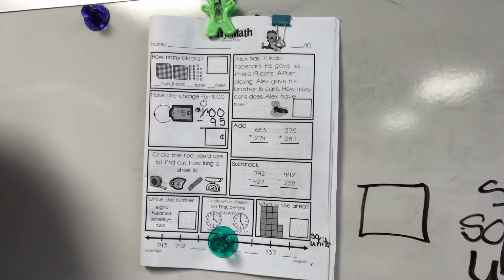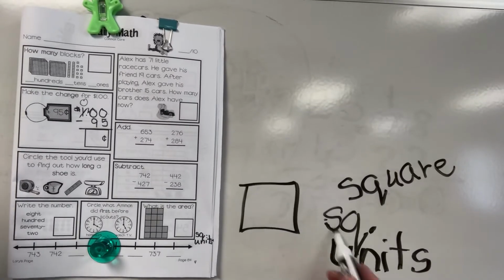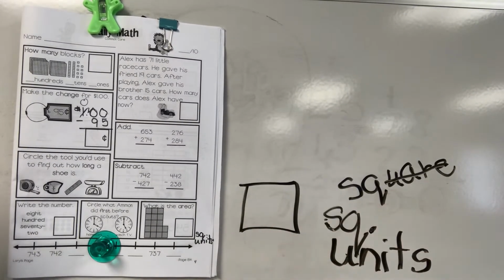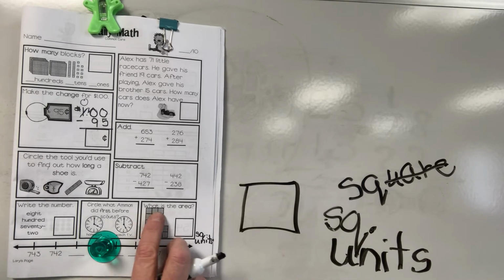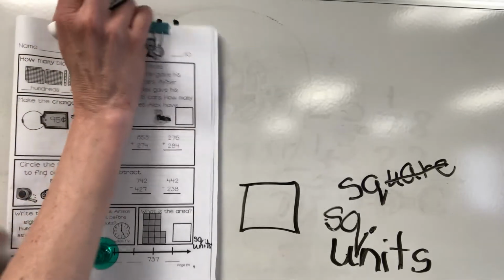Here's how you spell square. So we just abbreviated it with that period. So square units. So just count the gray areas and then put your answer, and we have to know it's in square units. All right, I think everything else you will be okay with.